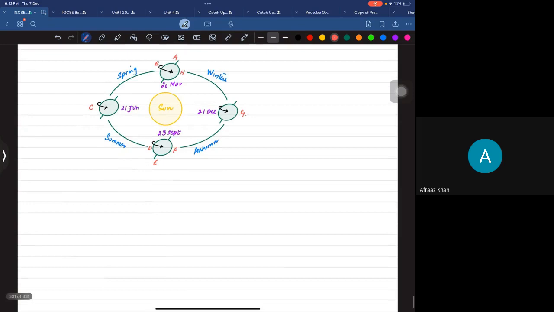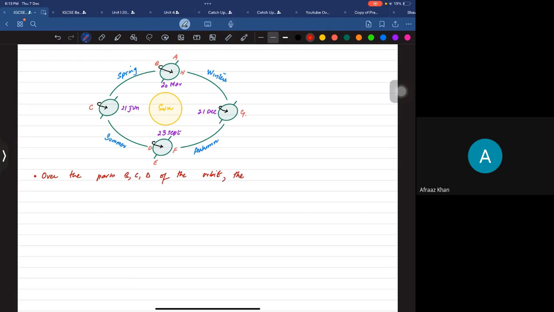So first of all, we're going to look at the paths B, C, and D of the orbit.